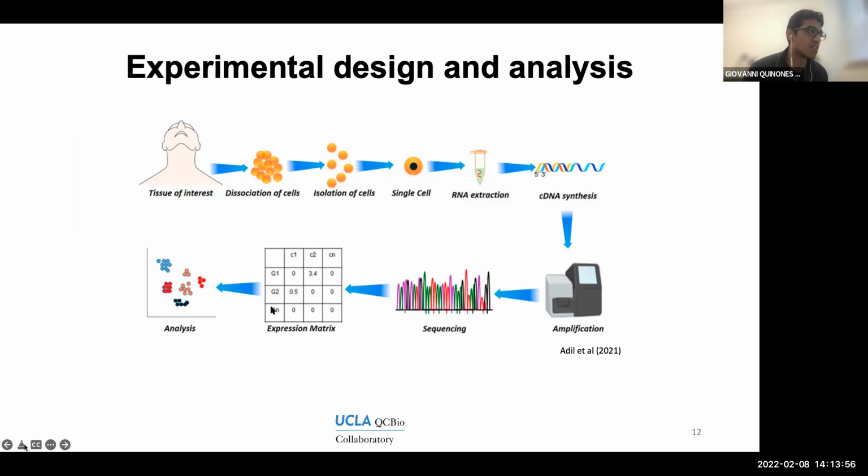It is a summary where every row represents a different gene and every column represents a different cell, so the values of the matrix indicate the expression of a particular gene within a particular cell. This is where we start the more advanced bioinformatic analysis, from which we obtain our clusters, our cell lineages, and all these other signals.